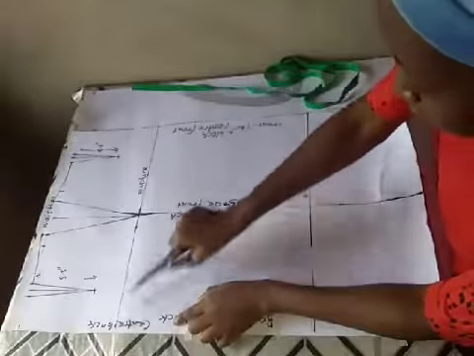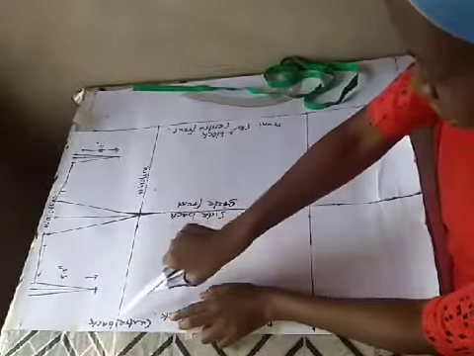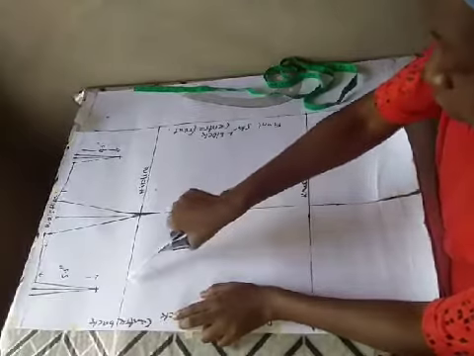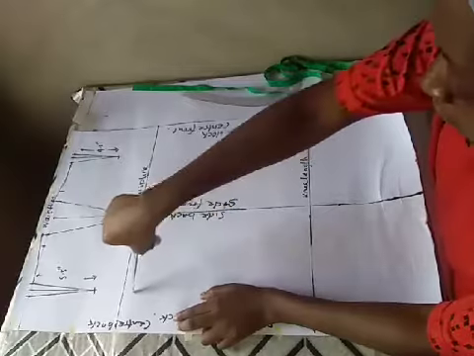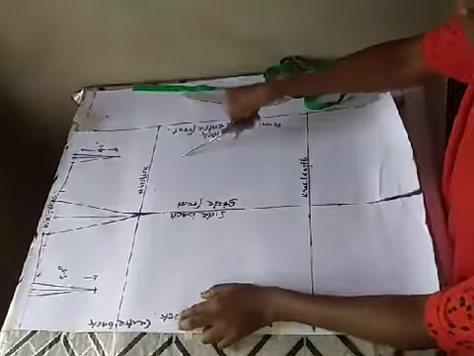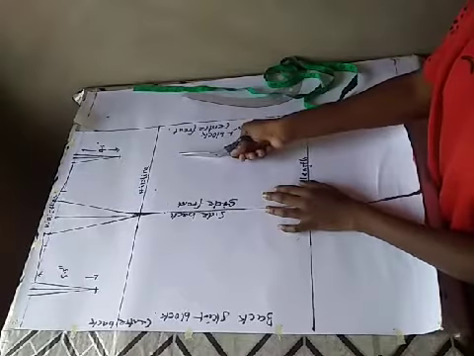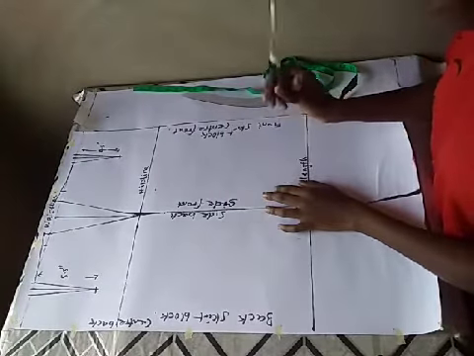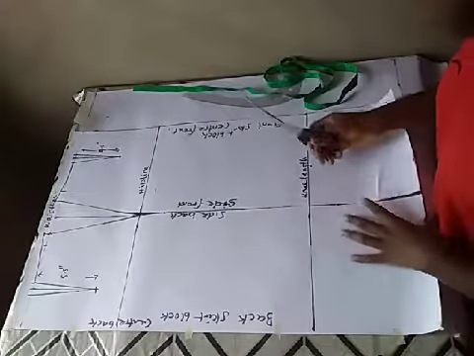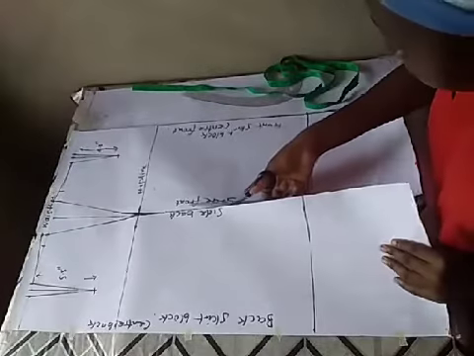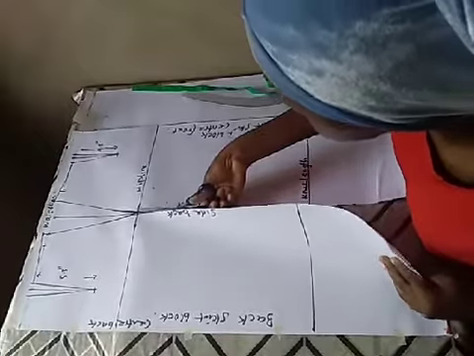Then 2 times of this, by the time you are cutting it on fold, will give you 2 times 9.625, which is 19.25 for your back skirt block. So 19.25 plus 19.25 will give you the whole 38.5, which is my hip circumference. You understand?